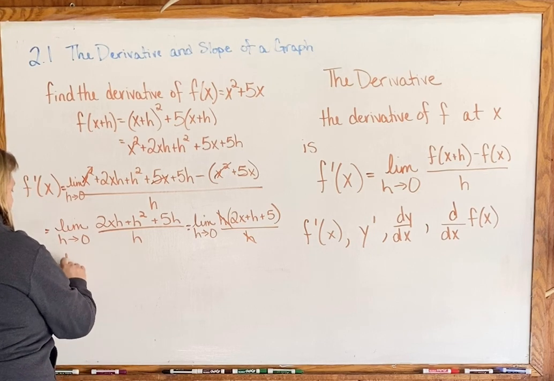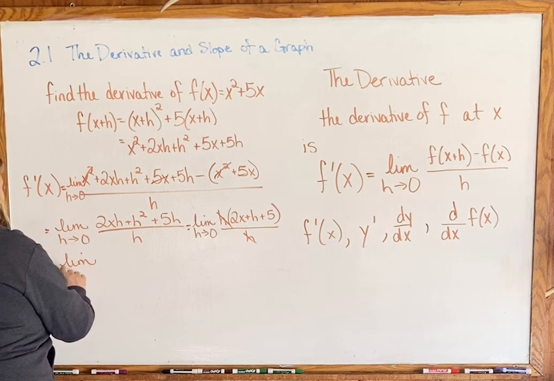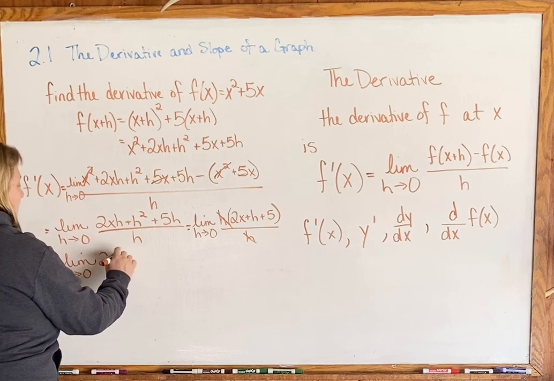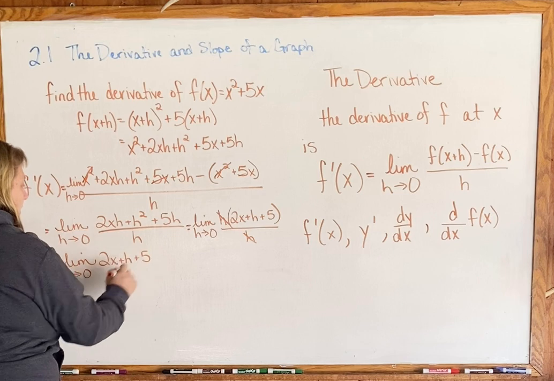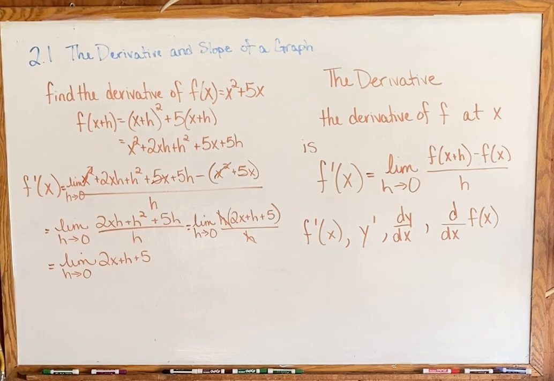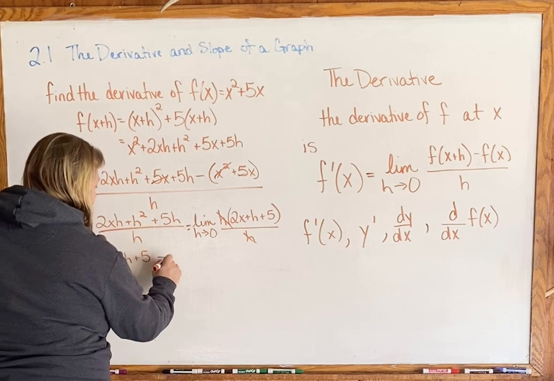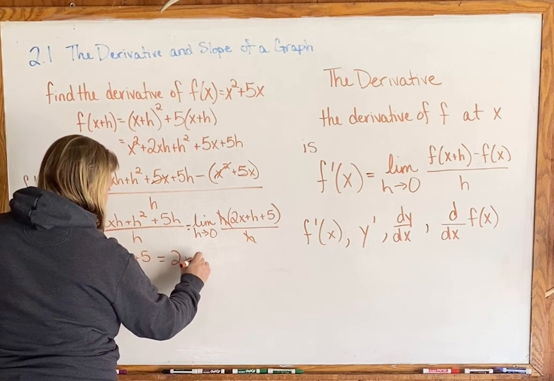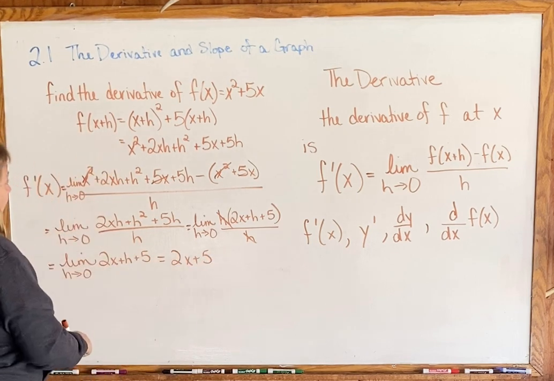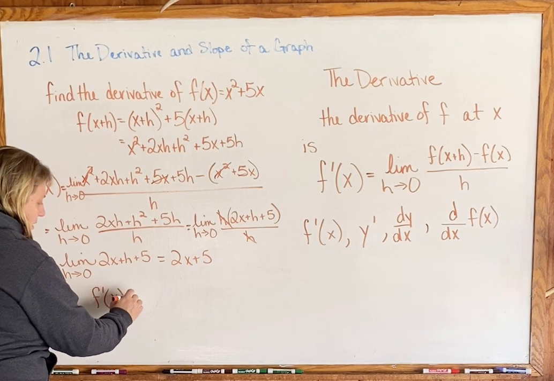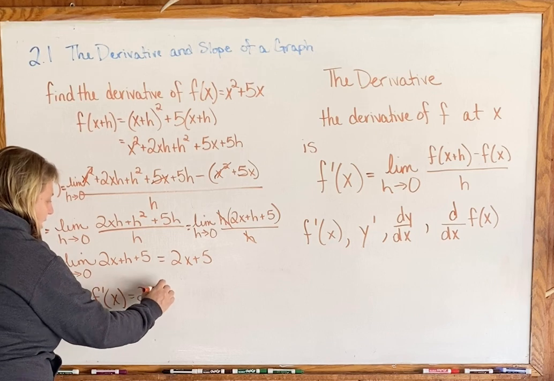So one more time here, the limit as h approaches 0 of 2x plus h plus 5. And now with the fraction gone, we can actually plug in the 0 there, and we end up with 2x plus 5, right? That goes away. So we say the derivative is 2x plus 5.